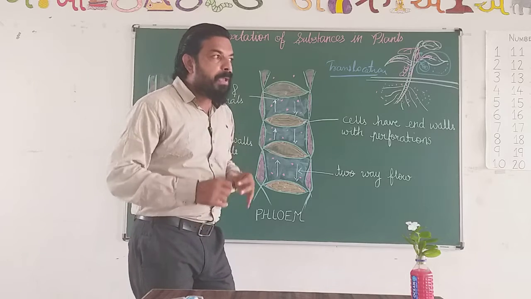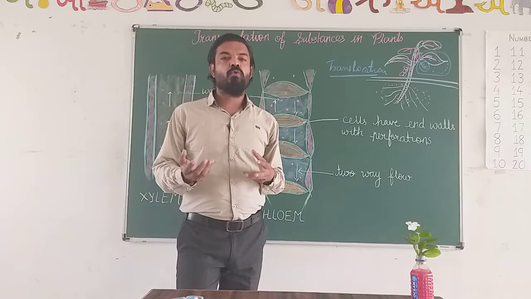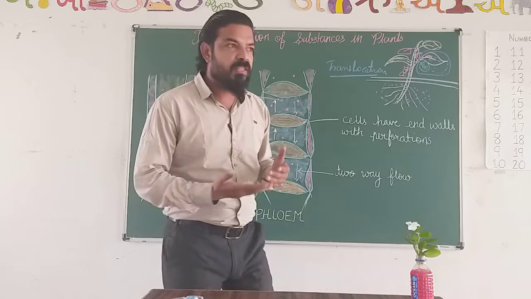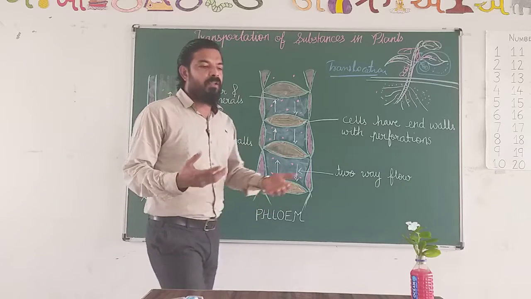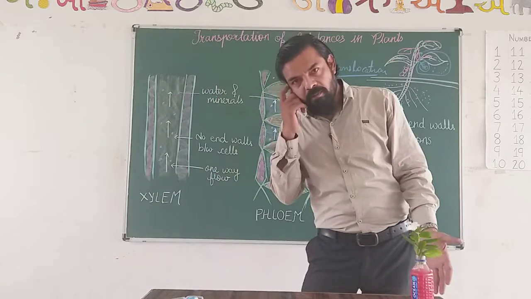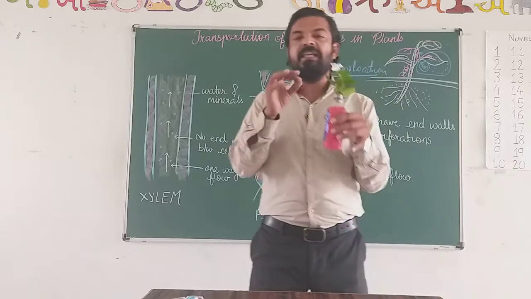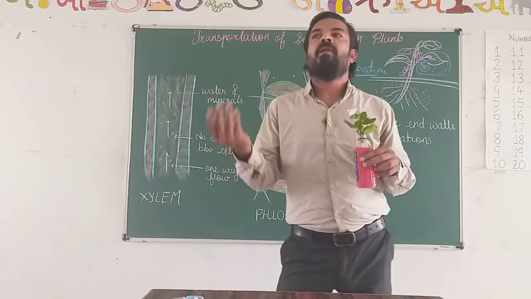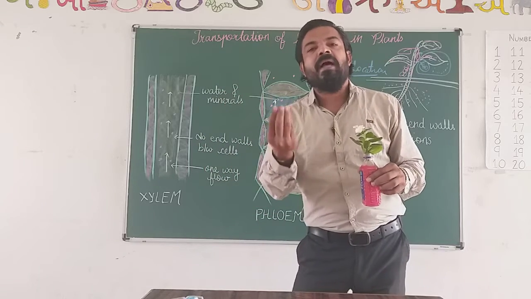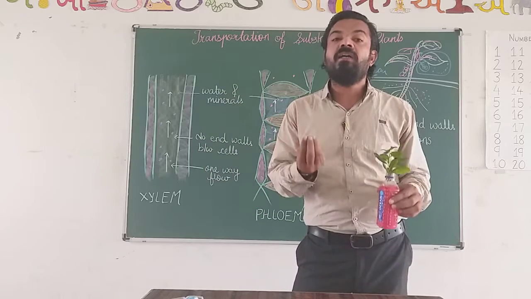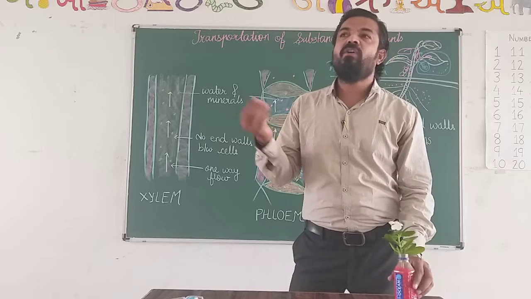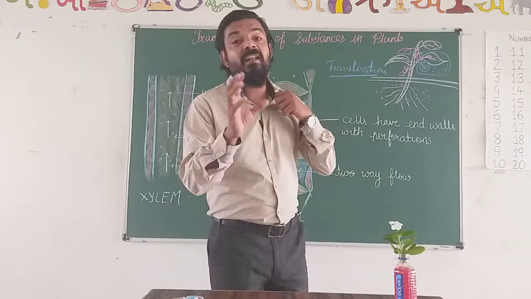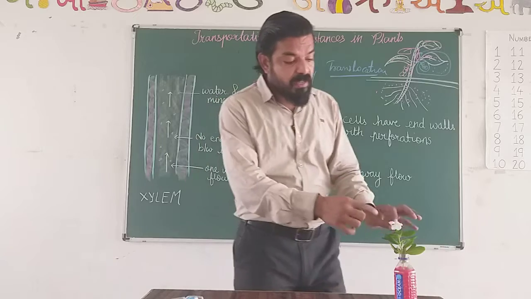The best example you can have in your textbook in this chapter: you take one bottle, a plastic bottle or mug, add ink or color as I have added, and you take a plant, a herb. Small. Why herb? Why can you not take a tree? Because it is very difficult to observe the color over here.